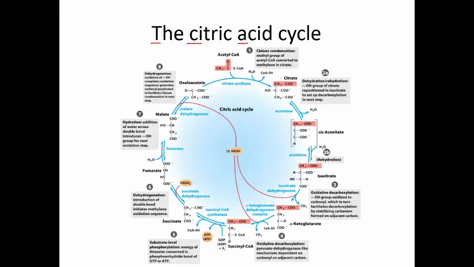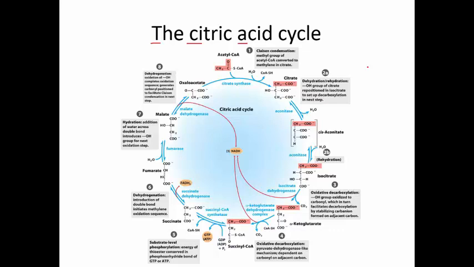I generally call it the TCA cycle, completely honestly, because it's the shortest. But I may also call it the citric acid cycle too. Generally speaking, I think we're moving away from naming things after people, and moving more towards naming things for what they do. So although you should absolutely be aware that if somebody talks about the Krebs cycle, this is what they're talking about, I'm not generally going to use that term.